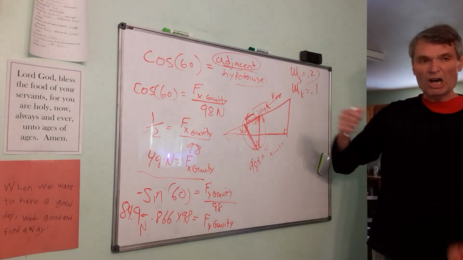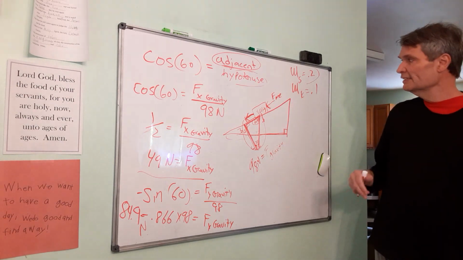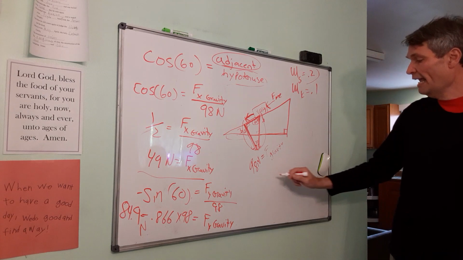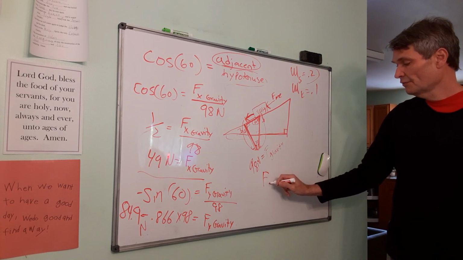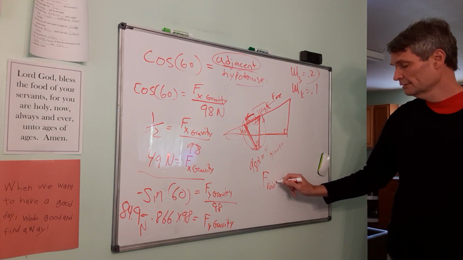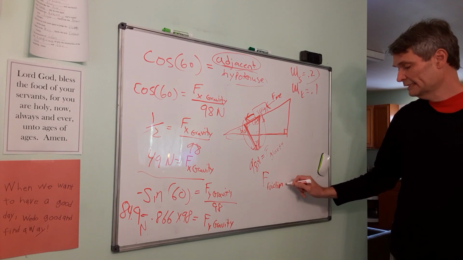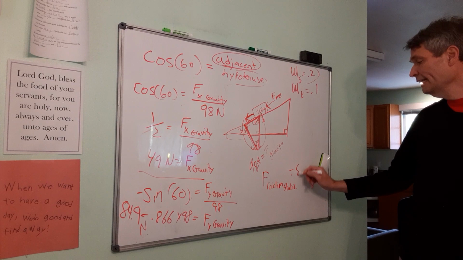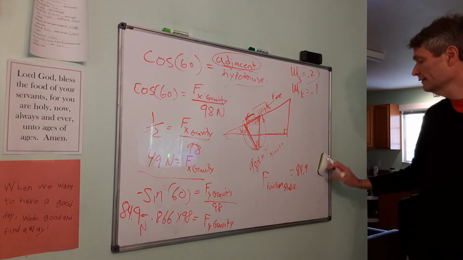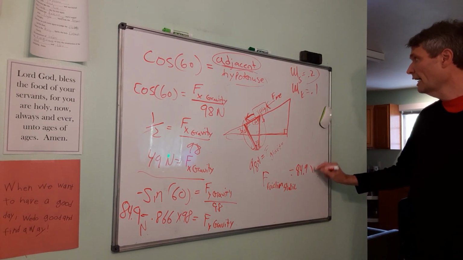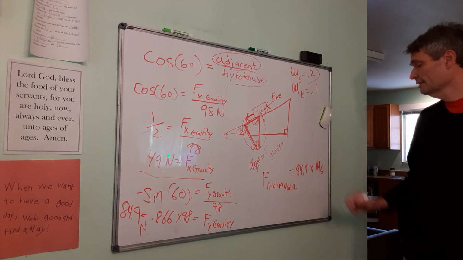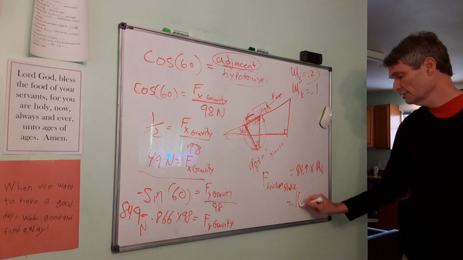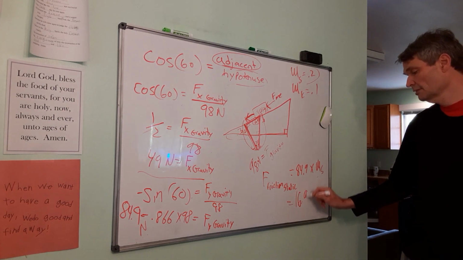Now we know how hard the object is pressing into the ramp. Now we can compute the static friction force. F friction static is equal to 84.9 times mu s, 0.2, which is equal to 16.97.